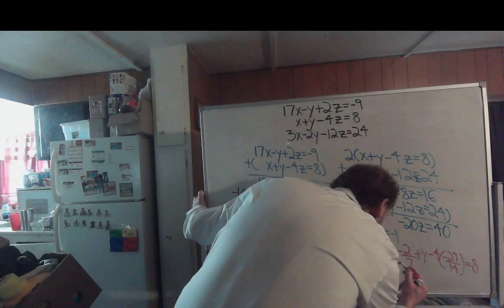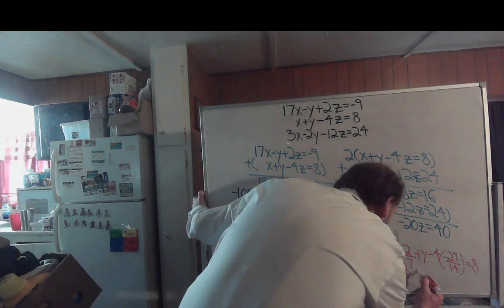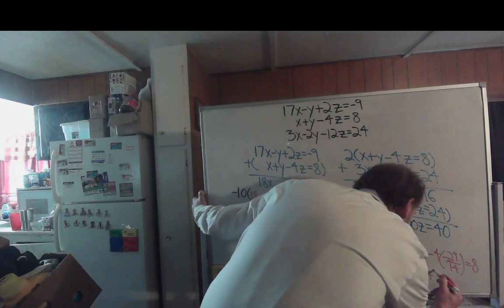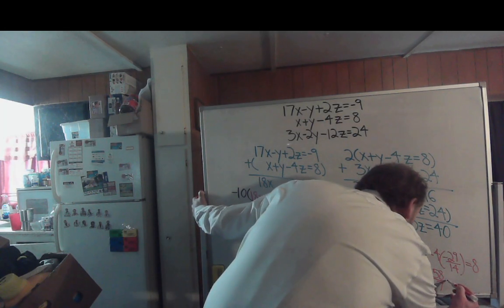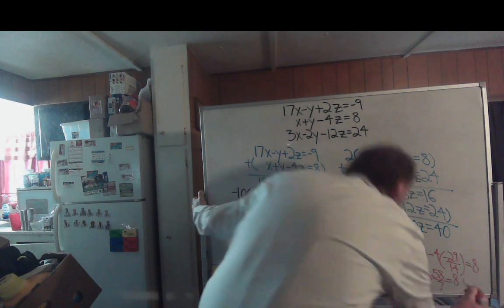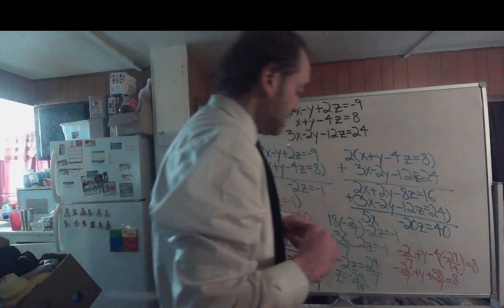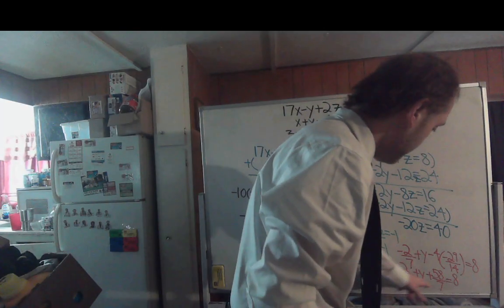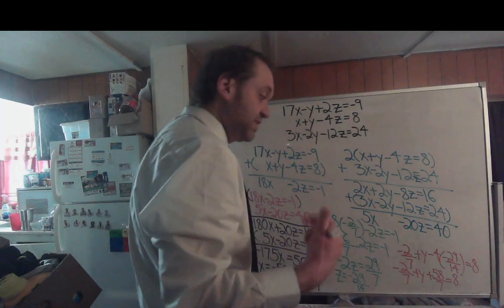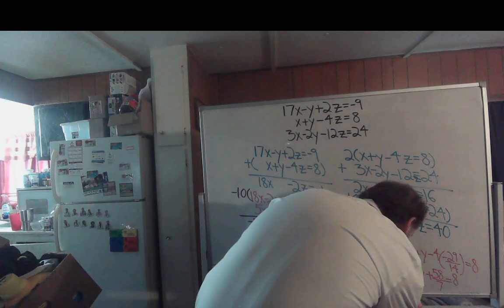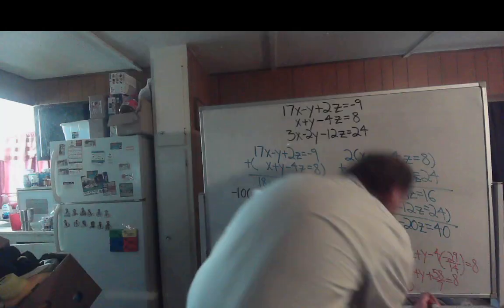So you'll have negative 2/7 plus y, this would become plus 58/7, would equal 8. Well, negative 2 sevenths plus 58 sevenths would give you 56 sevenths. What is 56 sevenths? That's 8.